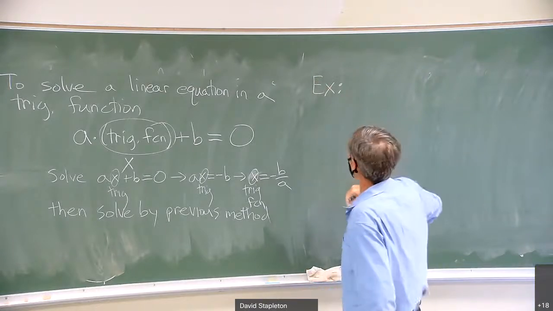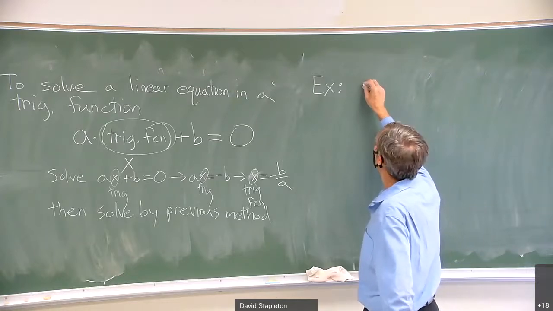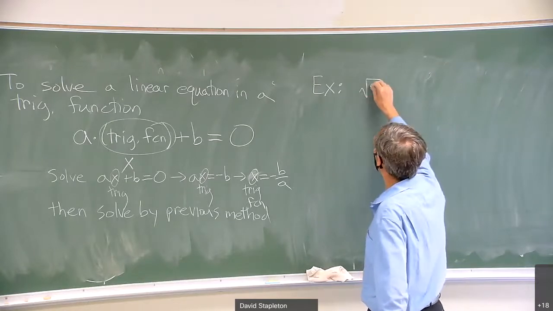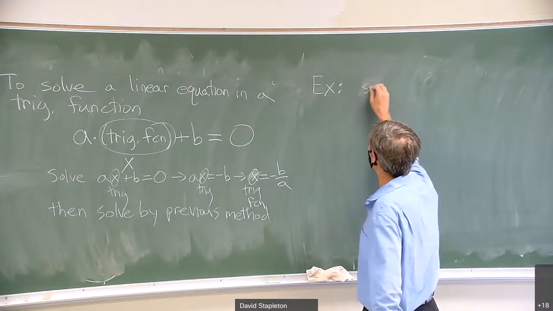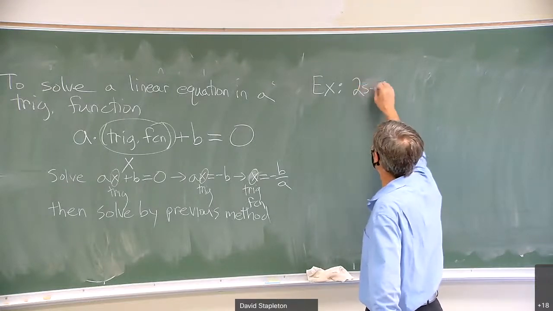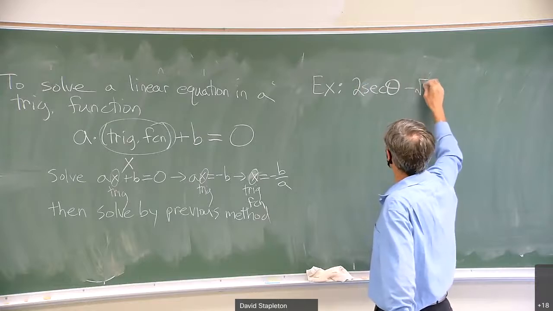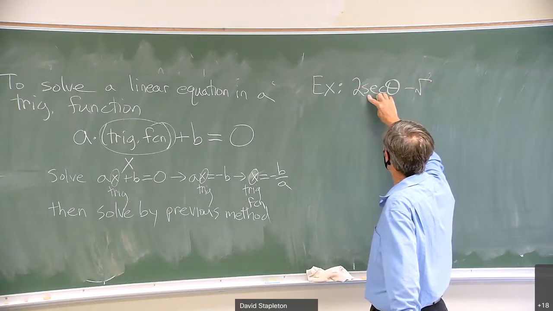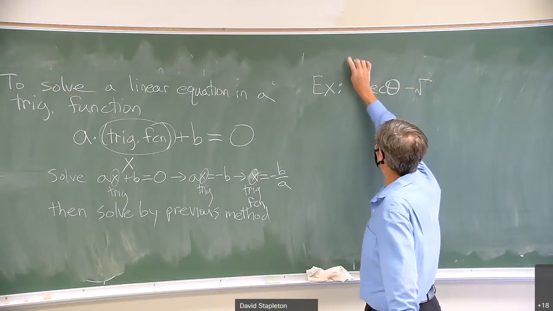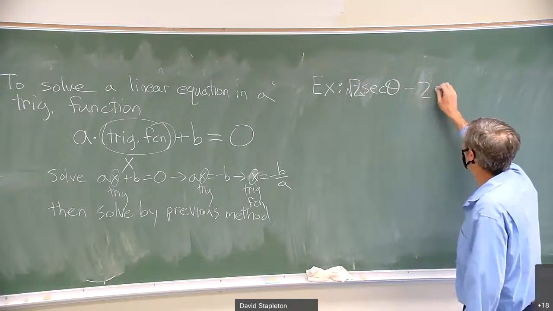Suppose I have this one then. Square root 2 secant theta minus 2 equals 0.